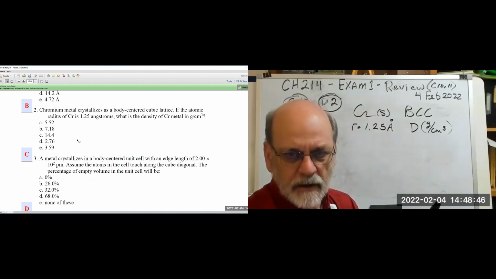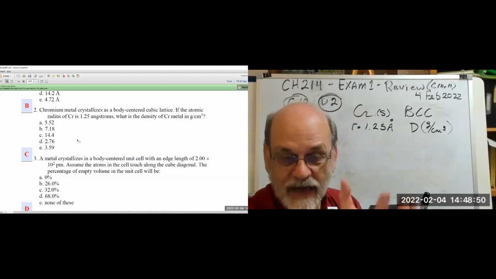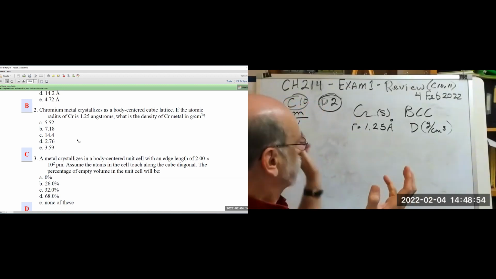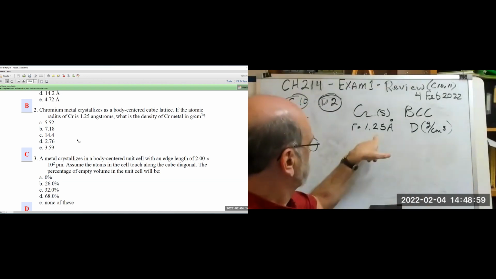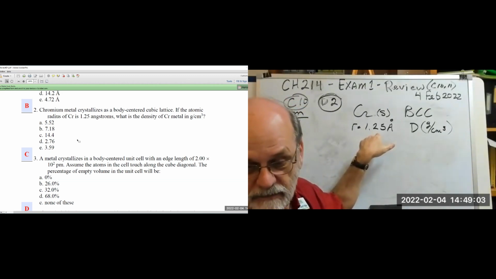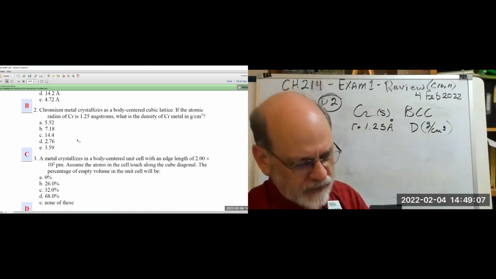So what we need is the mass contained within that cubic lattice. And the volume is determined by the radius of the atom, right? We have a formula for that, body-centered cubic. I think it's in useful information.